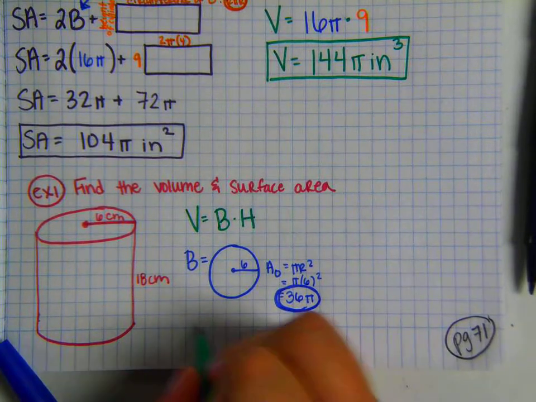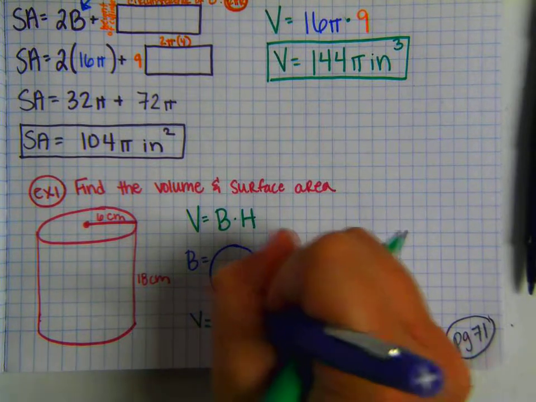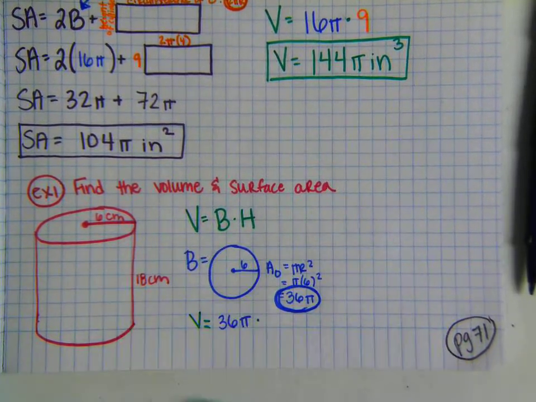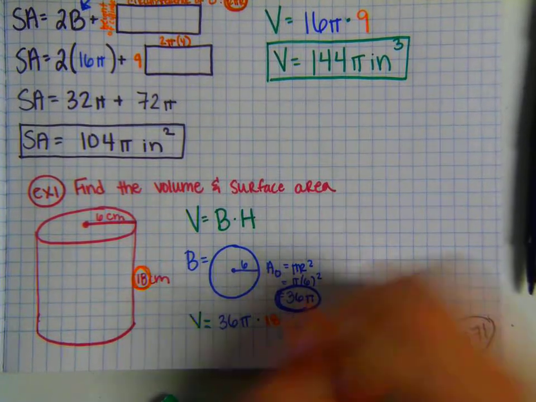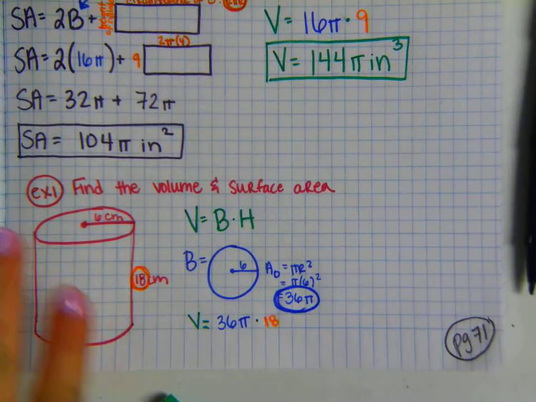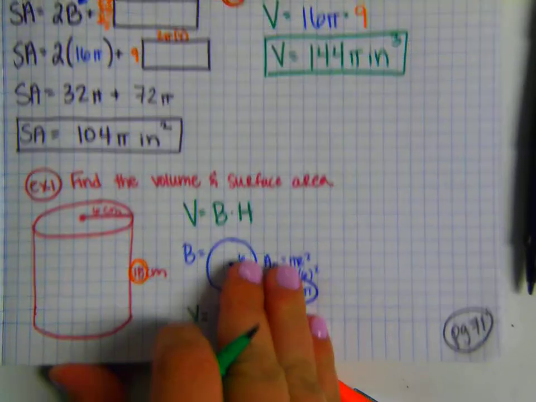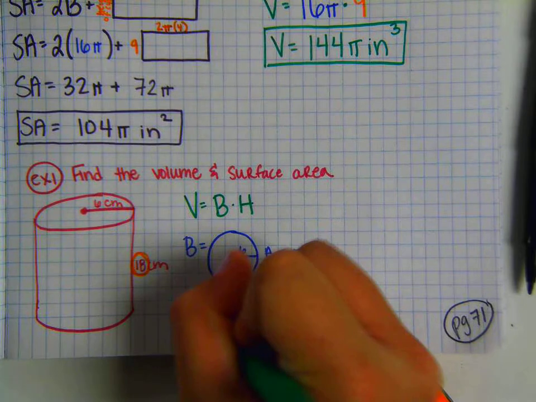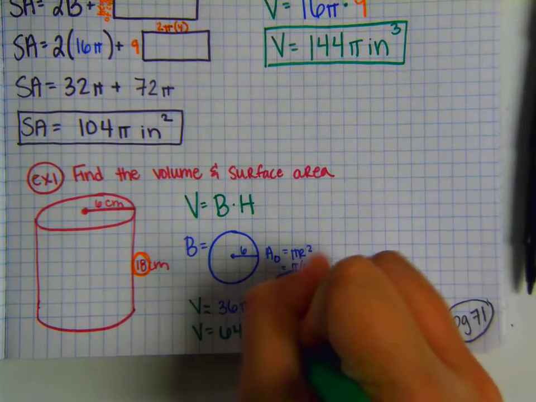So then I'm going to have volume equals 36 pi times, and 18 is my height. So 36 times 18. Our volume will be 648 pi centimeters cubed.